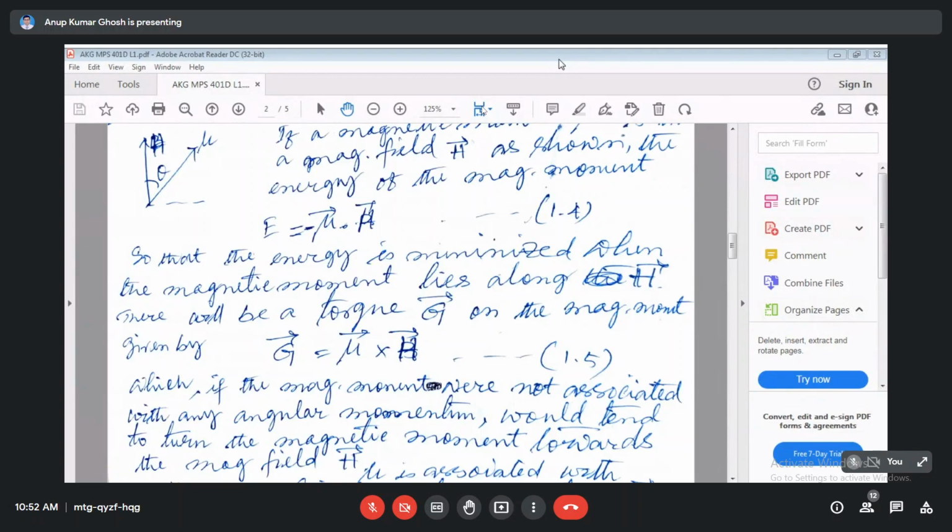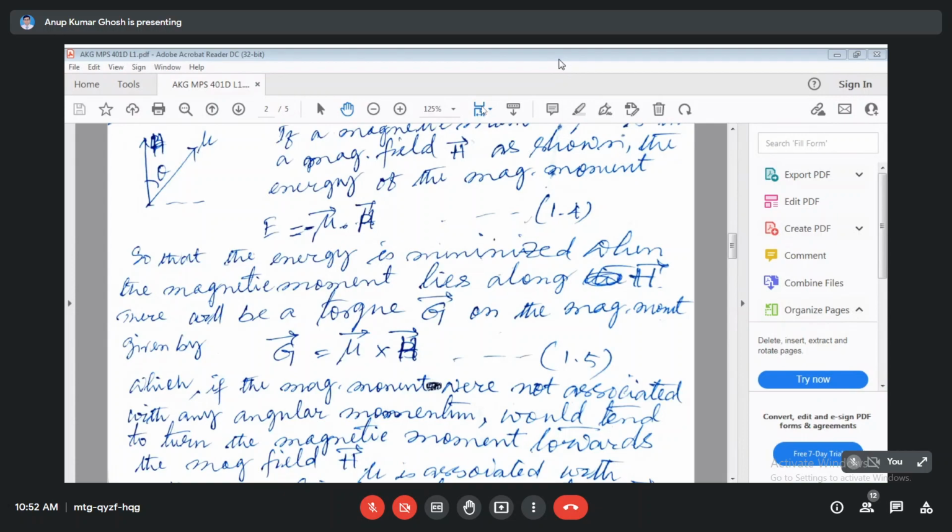The negative sign is there because the most preferred configuration is along its own direction.